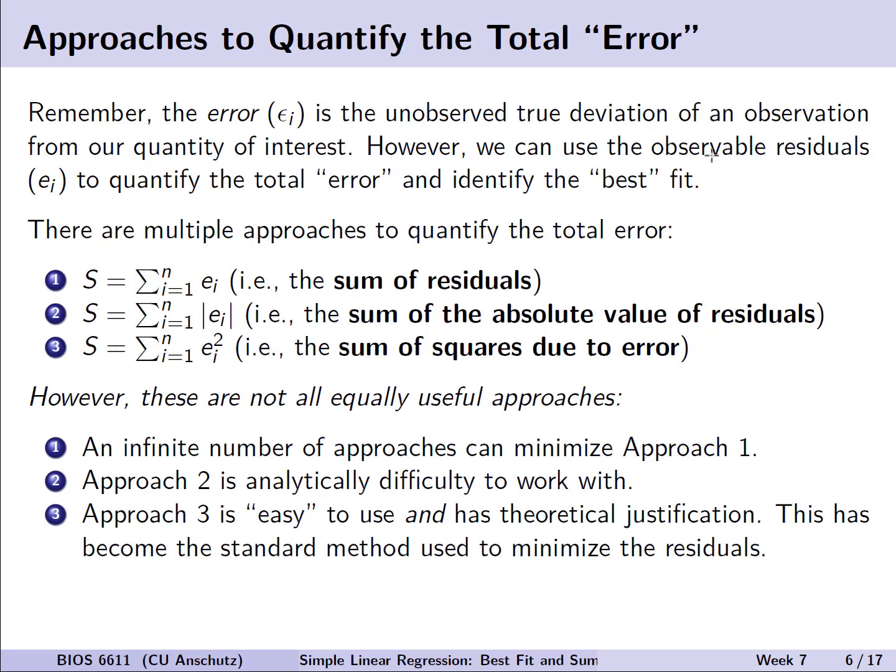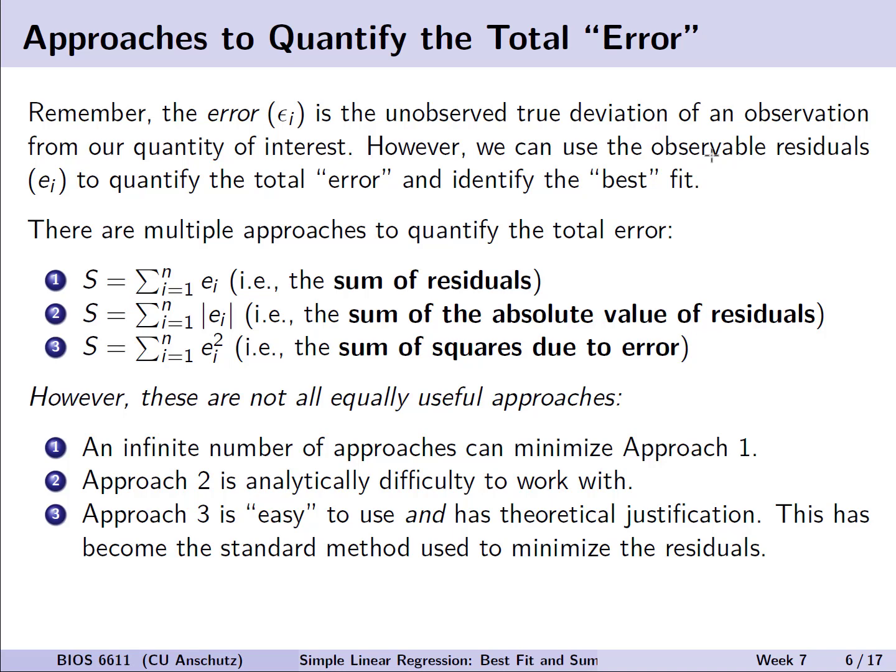So what are some approaches people have considered and how we might be able to quantify the total error that, again, we don't truly know, but we're trying to measure from our sample to fit this best line? There are multiple approaches that people have proposed, and I've listed 3 here on our slide. The first one, S, is the sum of the residuals, e sub i, and that's just a very simple, straightforward approach.